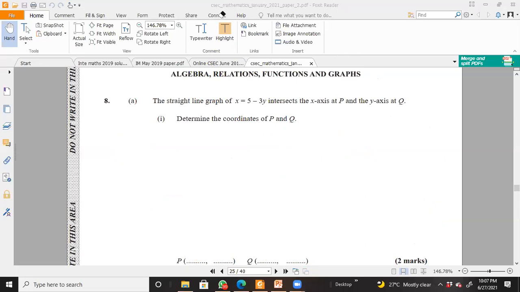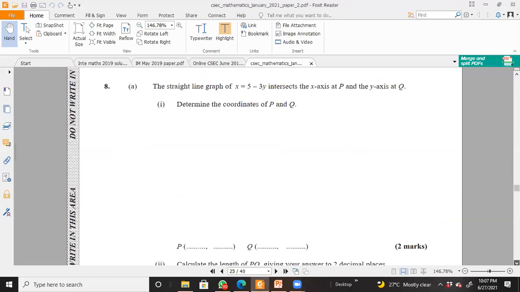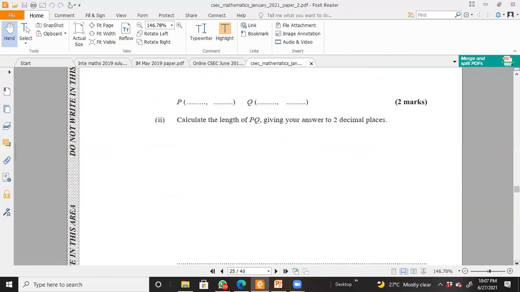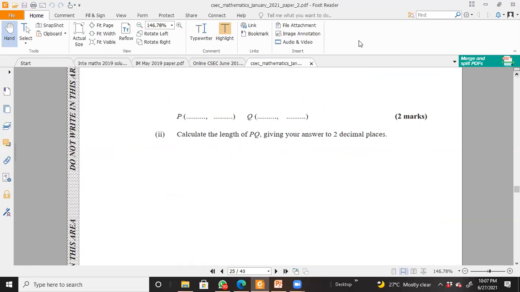All right. So let me see the next question. Calculate the length of the what? PQ. They say you should calculate the length of PQ. What do we get for P?